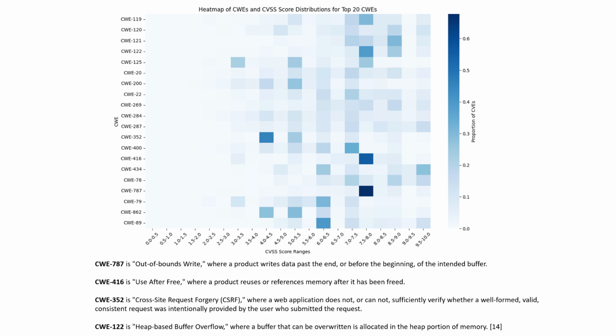Now, some of these may not be as severe as the other vulnerabilities we've analyzed here, but it's worth noting that if we look at the data in a different way, like across a heat map, we can see weakness categories that are still really prevalent and should probably be at the top of mind of developers during software design more than others, even though they may not be as severe, just because they're so common.